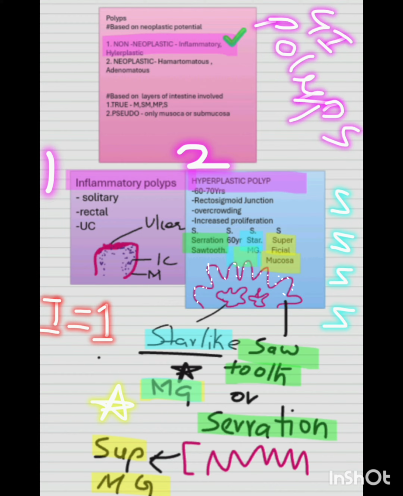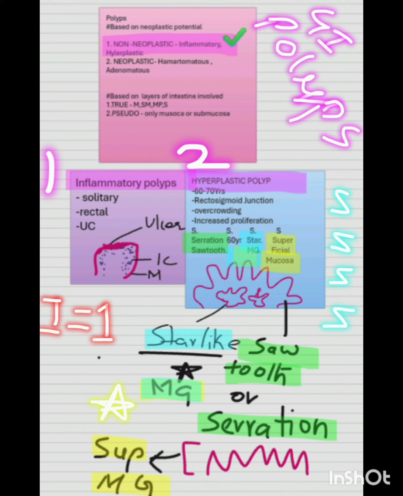Now coming to hyperplastic polyps, they are usually found in patients 60 to 70 years of age, and the most common site is the rectosigmoid junction. It is usually because of more and more proliferation leading to overcrowding and more proliferation of the mucosal glands, that is the presence of more and more goblet cells.